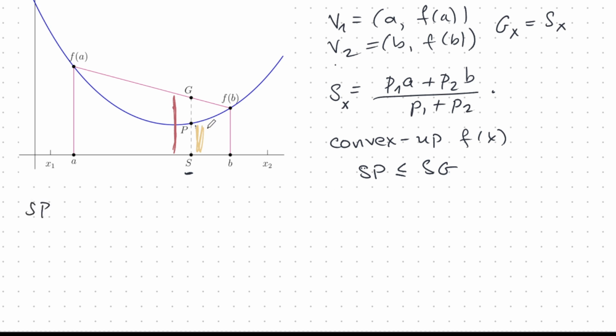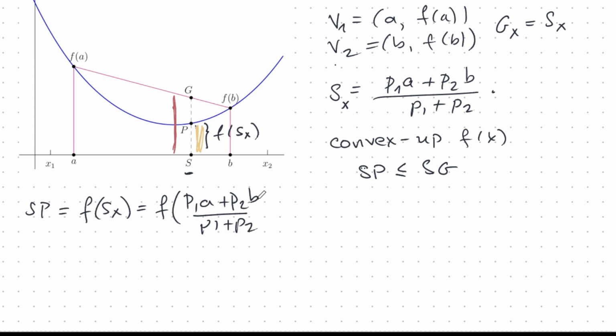SP, this length here is just f of S_x, like this. So SP is f of S_x, and that's f of (P1 A plus P2 B) over (P1 plus P2). Okay, and what is SG? Well, that's the y component.